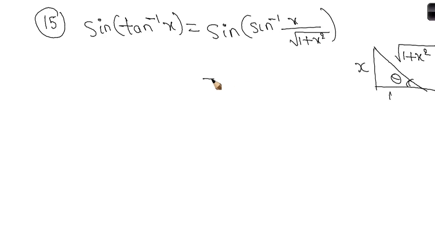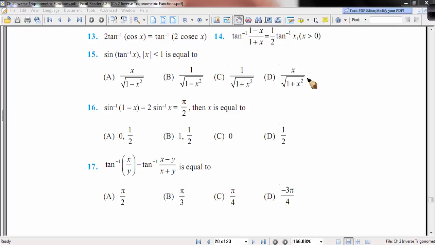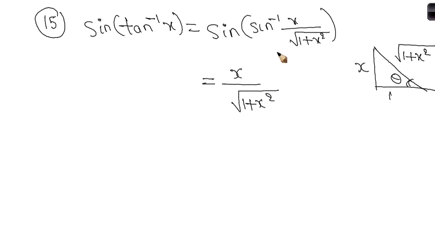So sin and sin inverse get cancelled, so this becomes x upon root of 1 plus x square, which is option D. This should be the answer. Option D is the answer.